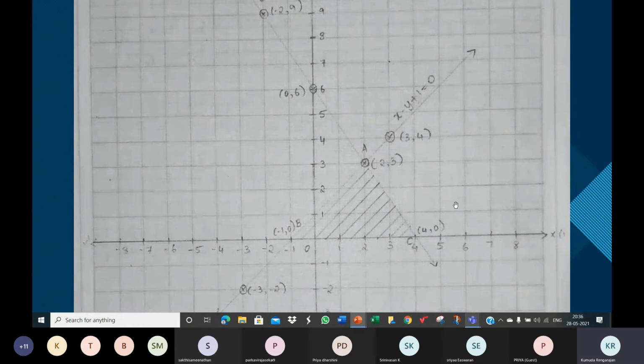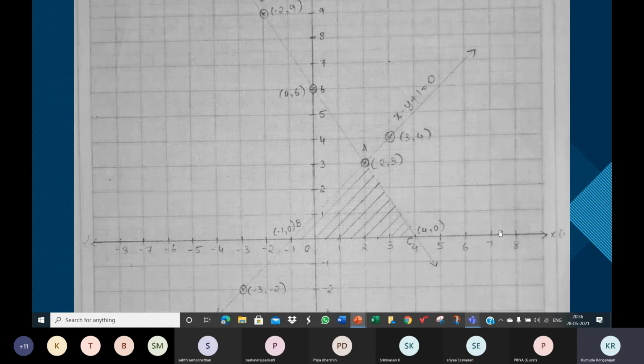You've seen this in standard 9. Yes, y is equal to 0 is the equation of the x-axis itself. The x-axis is a straight line. The y-axis is also a straight line. So they are also given by some linear equations. On the x-axis, the y coordinate is always 0.